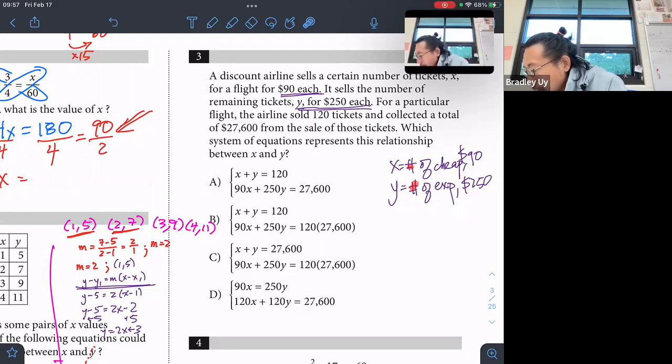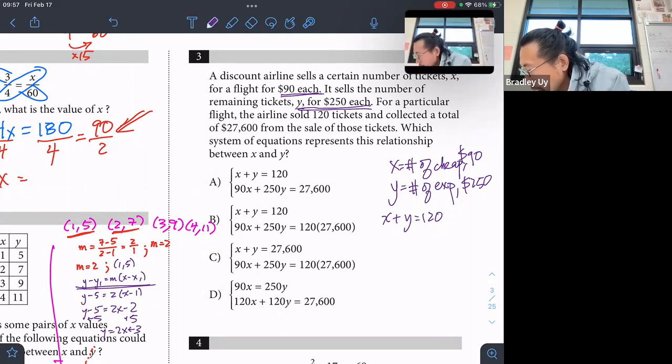The number of cheap tickets plus the number of expensive tickets is 120. If you look at the answer choices, that only leaves A and B as possible answers. So if we were building our equations from scratch, this would have been X plus Y equals 120, which again means the number of $90 tickets plus the number of $250 tickets is 120, because it says there's 120 tickets total sold.